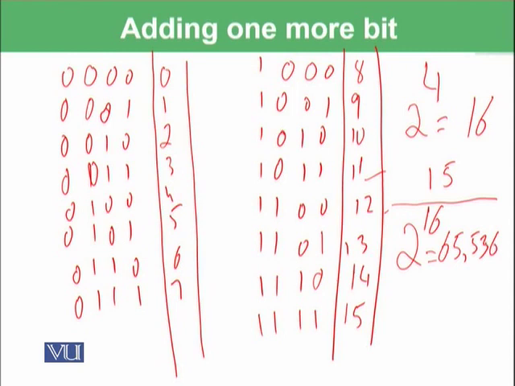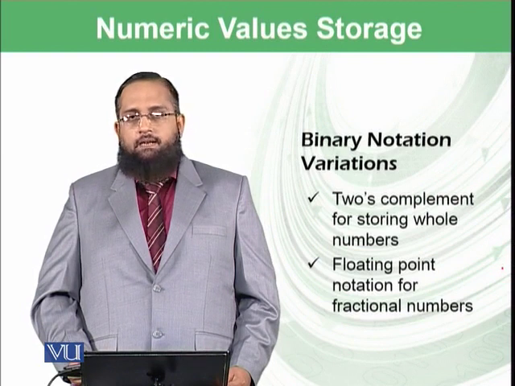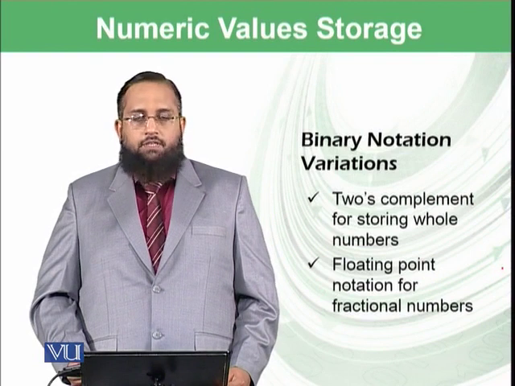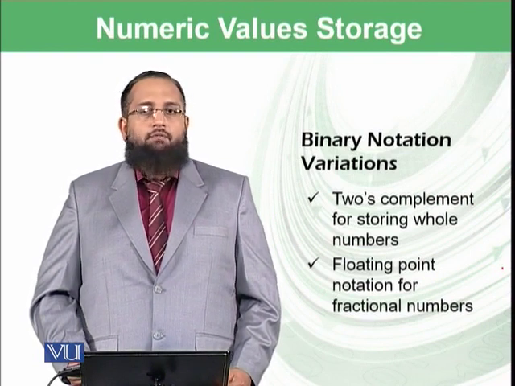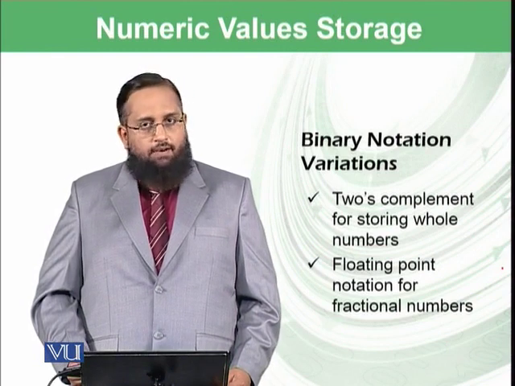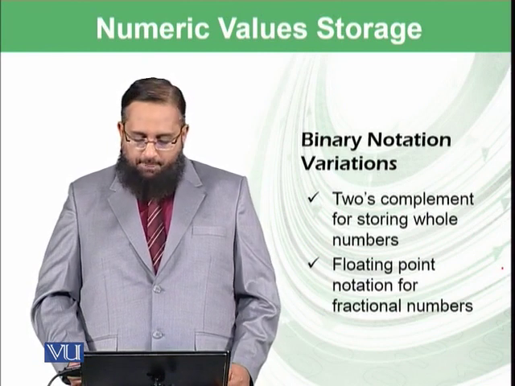These are the numbers which we can represent, and starting from 0 we can represent 0 to 65,535. By representing only in textual form, we were able to represent maximum number 99, but with the binary notation we are able to represent with 16 bits the maximum number 65,535.